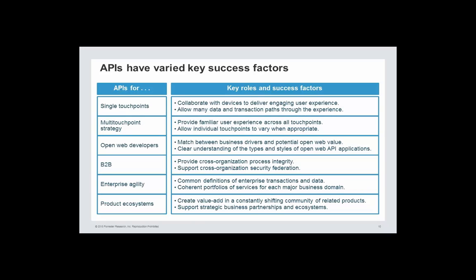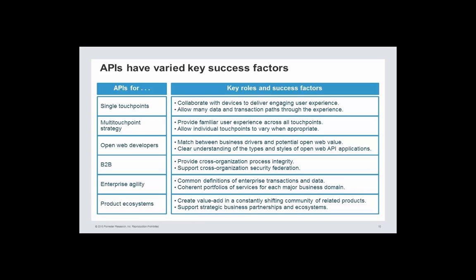And then enterprise agility: you're working with your own definitions of transactions and data, and you're trying to create portfolios of services for your various business domains. And then product ecosystems: you've got a constantly shifting community of products, and you may have strategic business relationships to support.